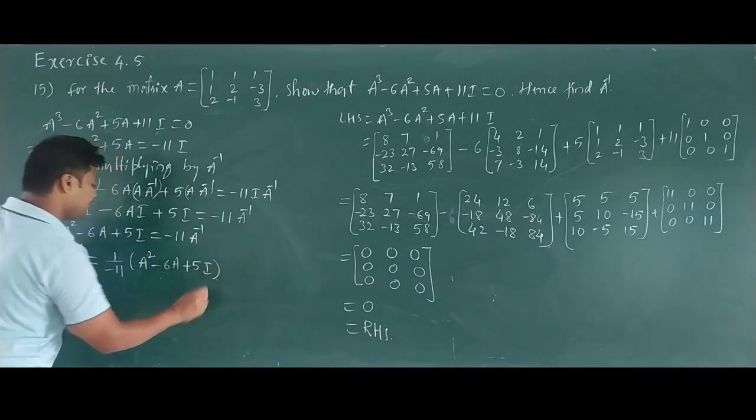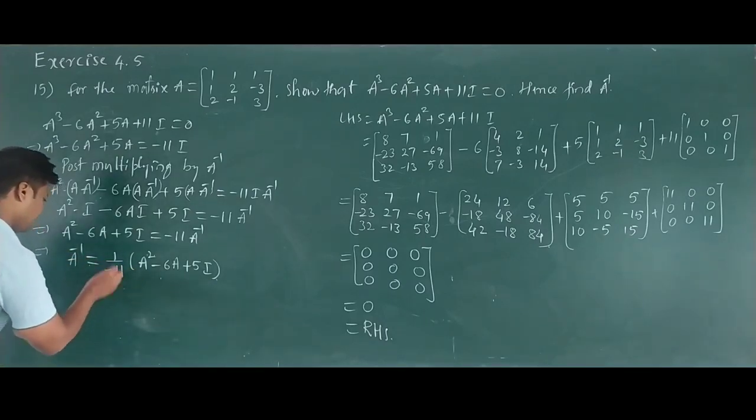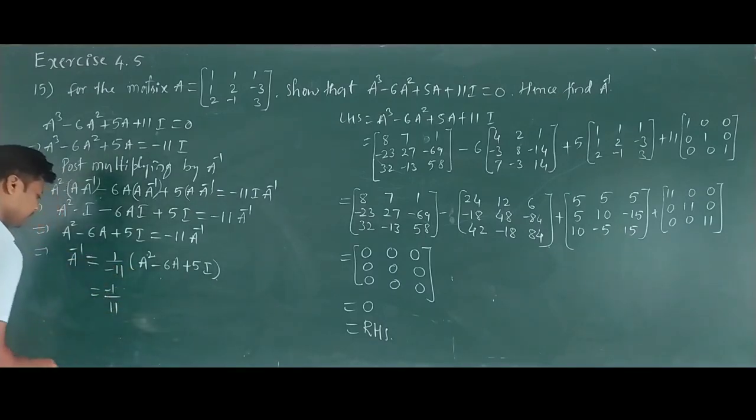5I. So minus 1 by 11 into A square minus 6A plus 5I.